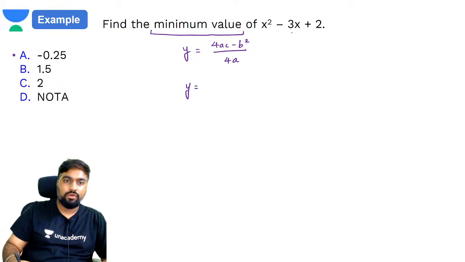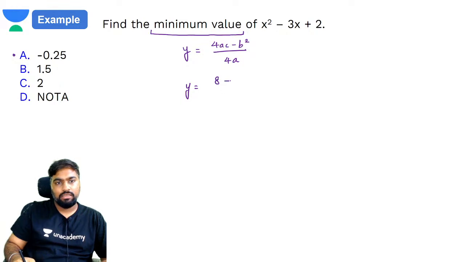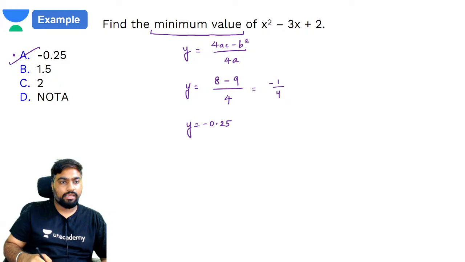Y is equal to 4 times A is 1, C is 2, that is 8, minus B square is what? Minus 3 the whole square, which is 9, by 4 times 1, which is 4. This is minus 1 by 4, which is nothing but minus 0.25, correct? So Y is equal to minus 0.25. What is your answer? A.